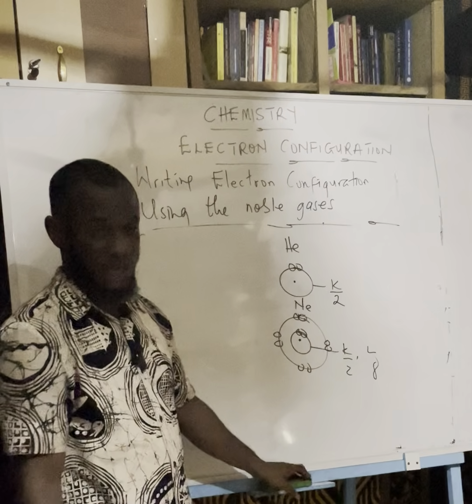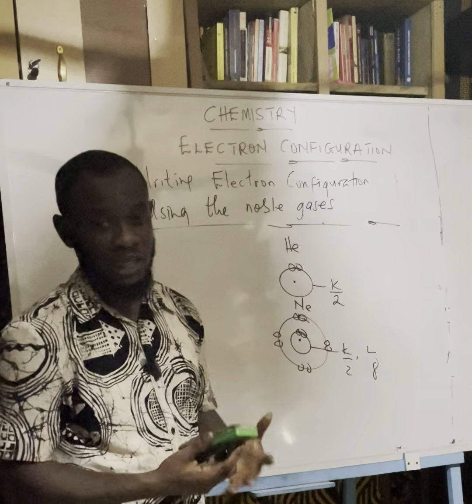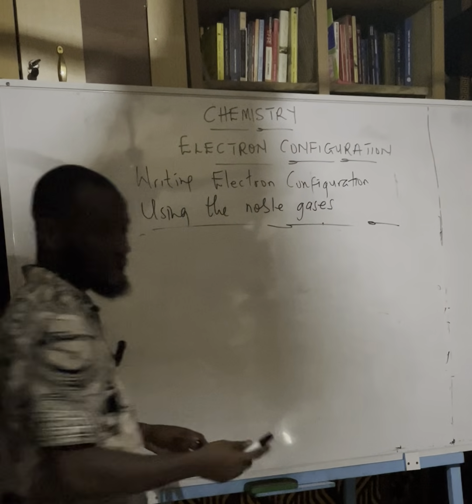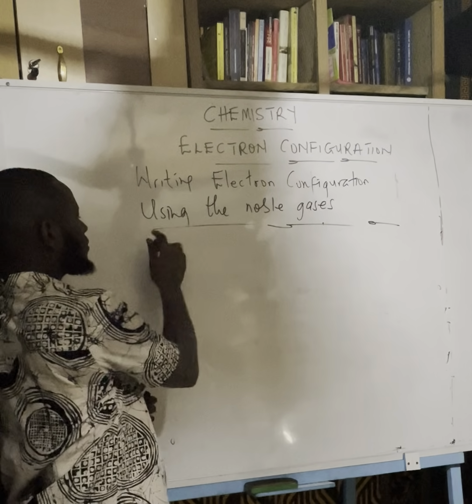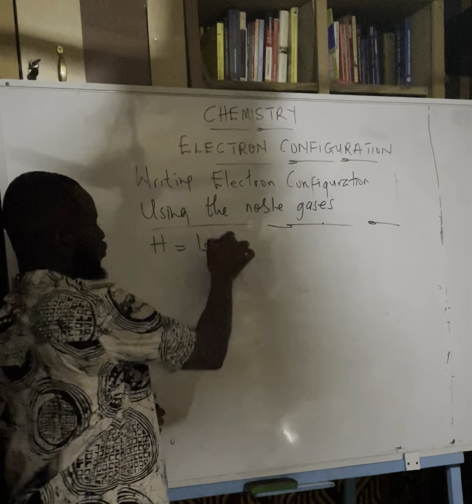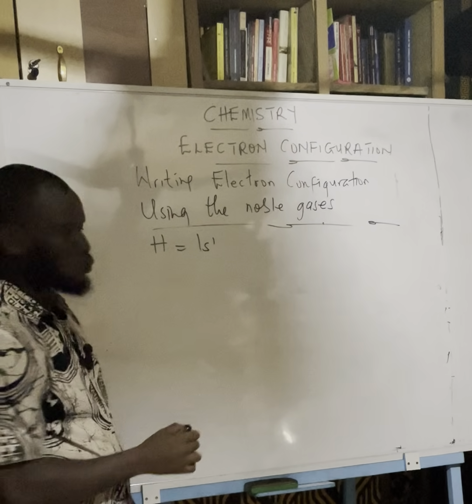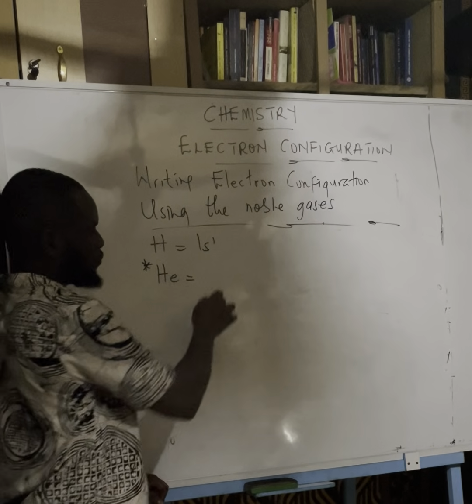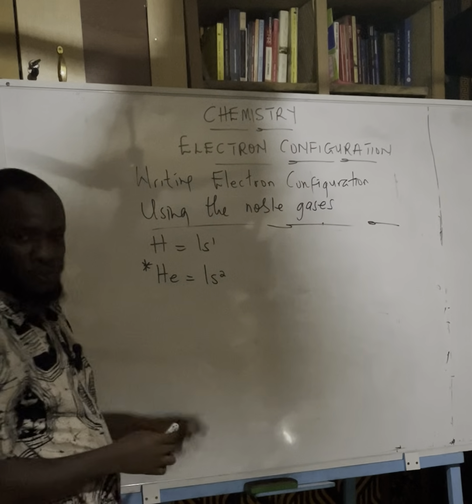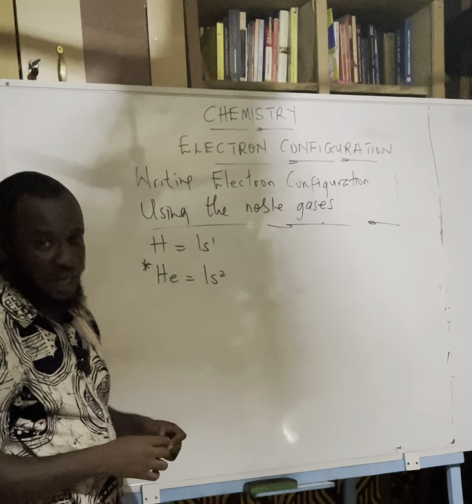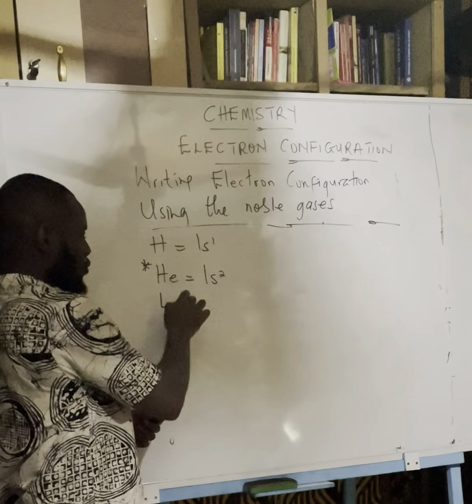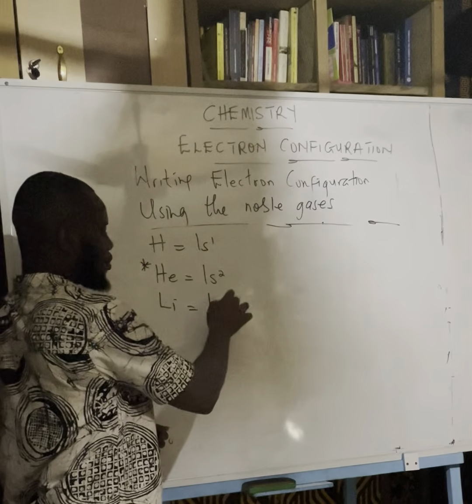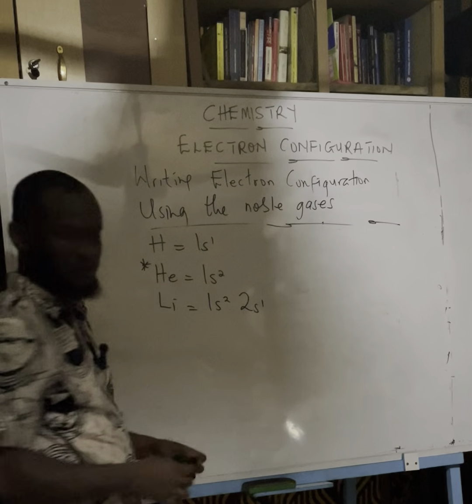And how do we do that? Let's quickly look at how we do it. When we write the electron configuration for hydrogen, that is what? 1s1. When we go to helium, the electron configuration of helium is what? 1s2. Helium is a noble gas. Now, when we go to lithium, the electron configuration of lithium will be what? 1s2, 2s1.